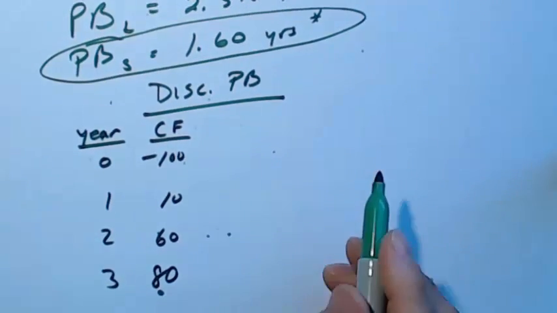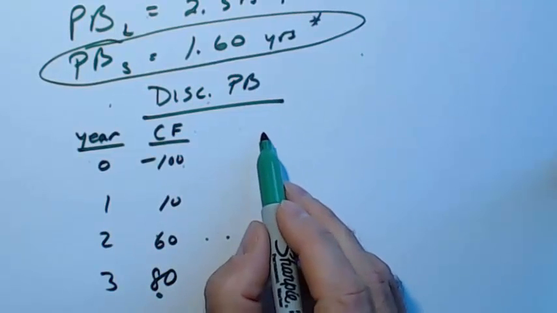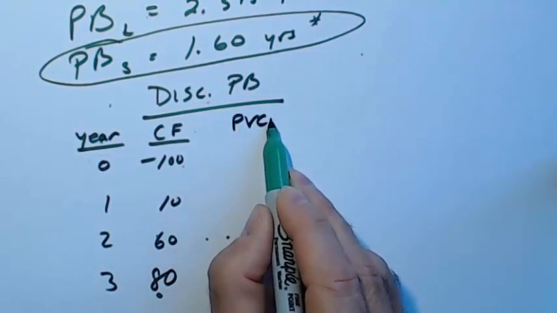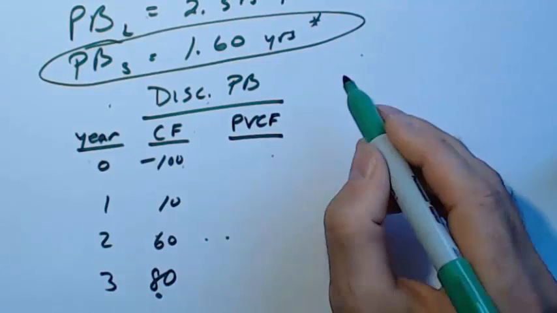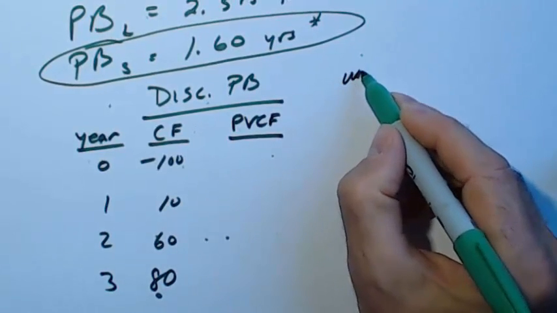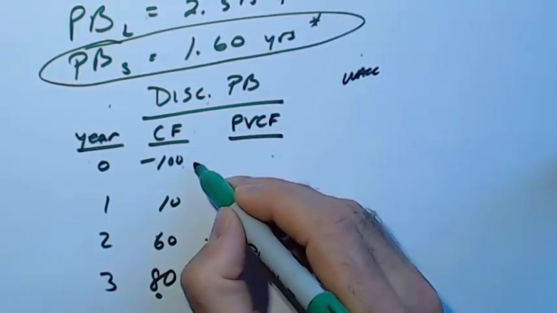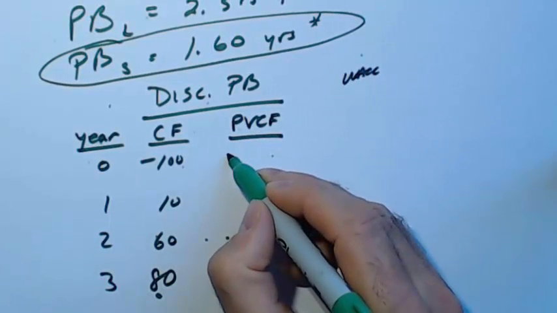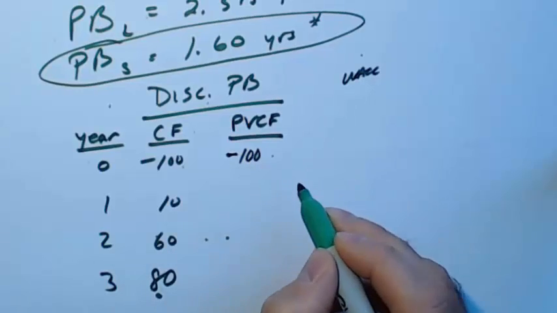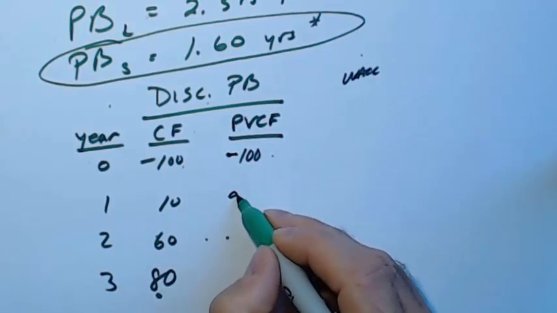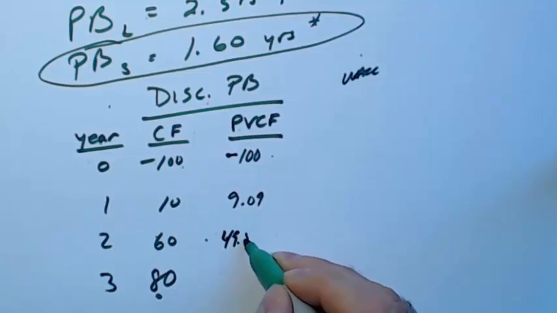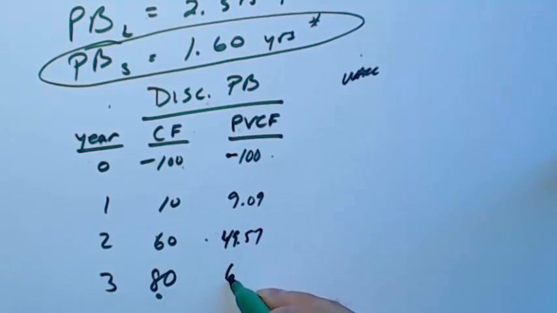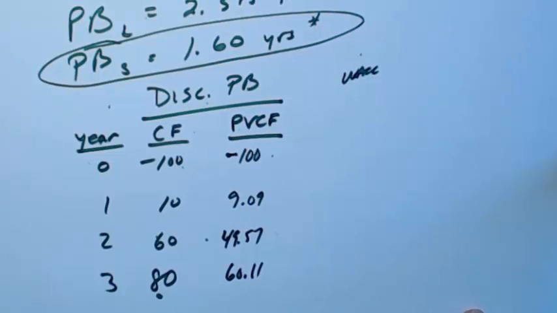And then we're going to have the present value of the cash flows, and we're going to discount things at 10%, because that's our weighted average cost of capital. So this is minus 100, then 9.09, 49.57, and then 60.11. Okay, those are the discounted cash flows.